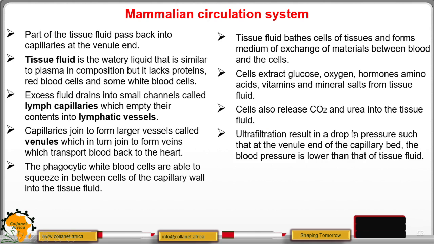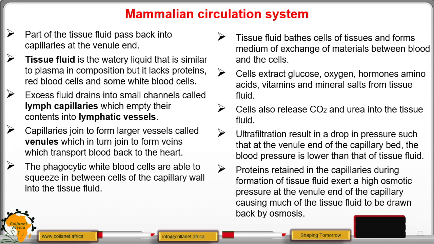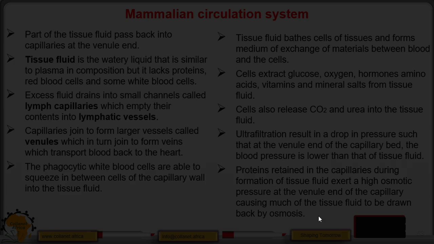Ultrafiltration results in a drop in pressure such that at the venule end of the capillary bed, the blood pressure is lower than that of the tissue fluid. Proteins retained in the capillaries during formation of tissue fluid exert a higher osmotic pressure at the venule end of the capillary, causing much of the tissue fluid to be drawn back by osmosis.